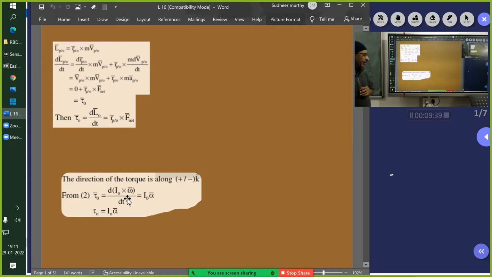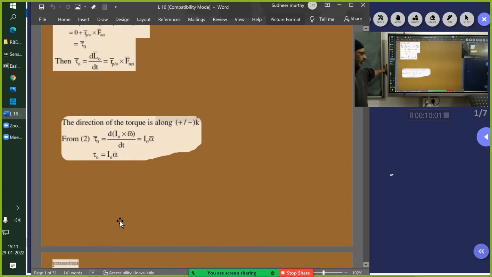But remember, this is simply a multiplication, not a cross product. So you get tau bar is equal to I naught alpha, just as we got F is equal to m a. Quite simple to understand.